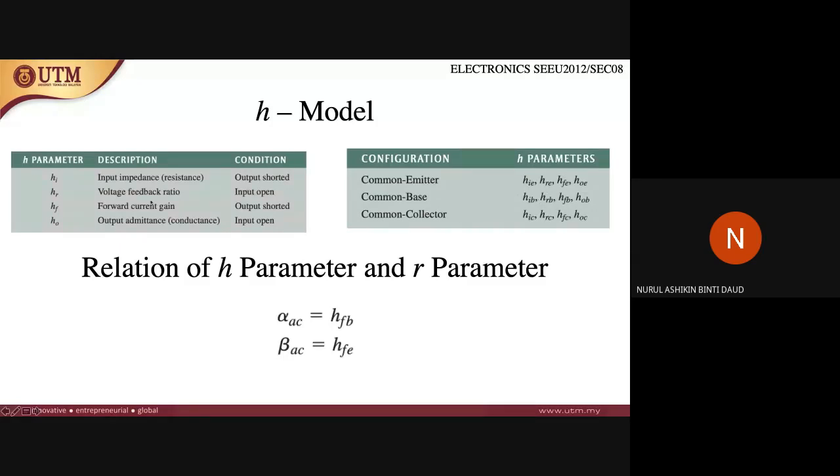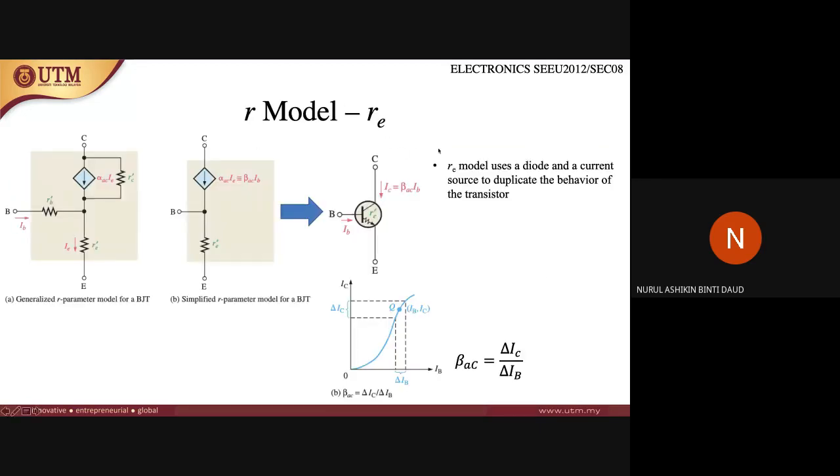HRE refers to the ratio at the emitter. So there are lots. They use general terms for the operating conditions, whereas for RE, they use the actual operating conditions.